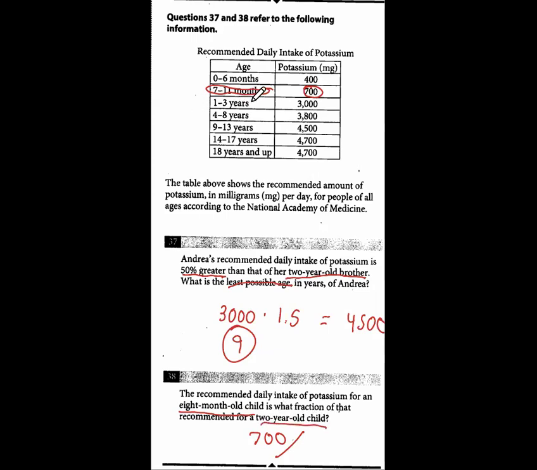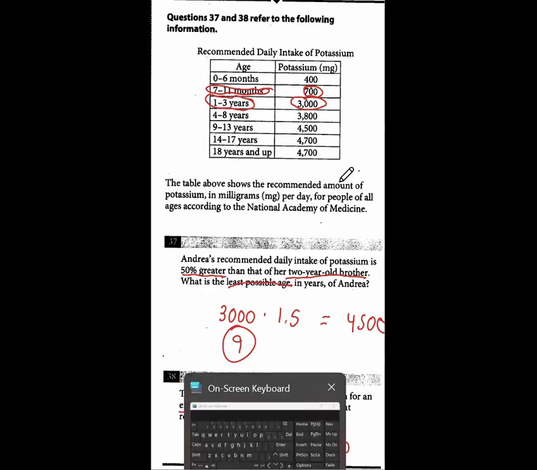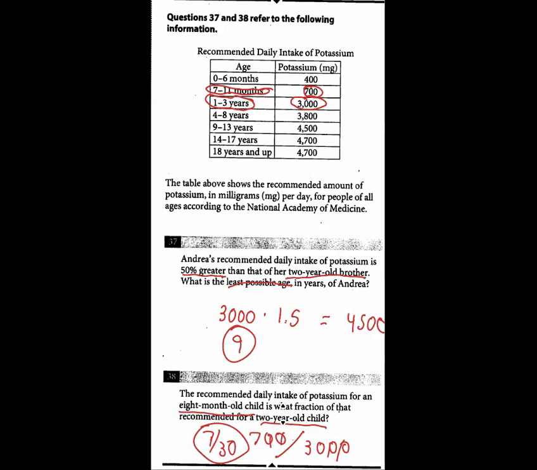So 2 years is between 1 to 3 years, which is 3,000. So 700 over 3,000, which simplifies down to 7 over 30. So the correct answer is 7 over 30. You could have also put this as a decimal if you wanted, but the correct answer is 7 over 30.